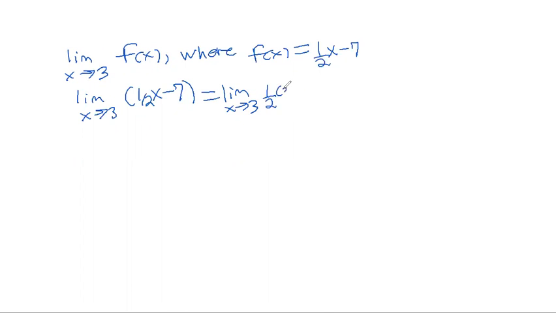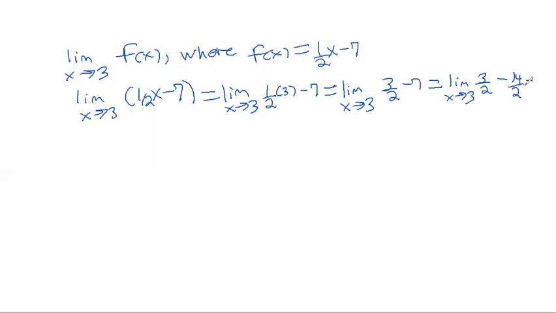So that's going to be 1/2 times 3 minus 7, which is 3/2 minus 7, which winds up being 3/2 minus 14 over 2, which just equals negative 11 over 2. So that's the limit for that one.